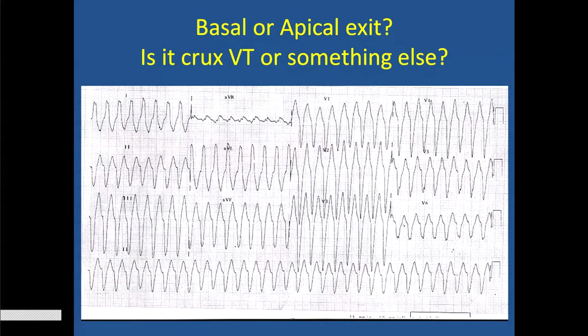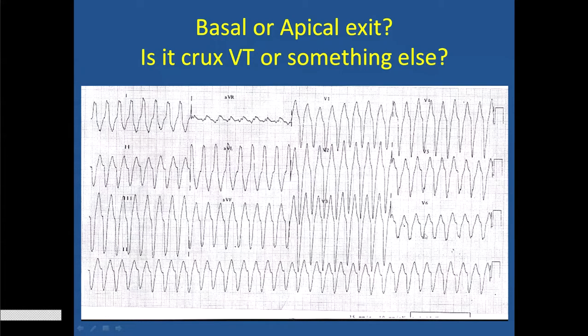Now, based on the knowledge we have gained, let us revise some ECGs. What is this ECG? Is it basal exit or apical exit? This is not a basal exit. Why? If it is a basal exit, we get relatively significant R waves in V5, V6. In apical exit, there will be a deep S or a QS complex.